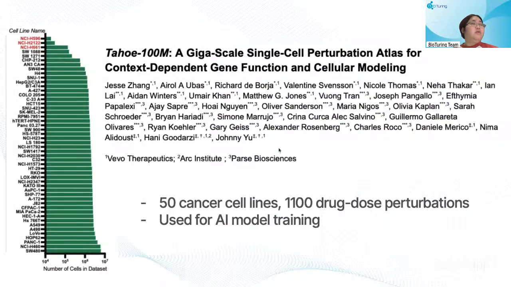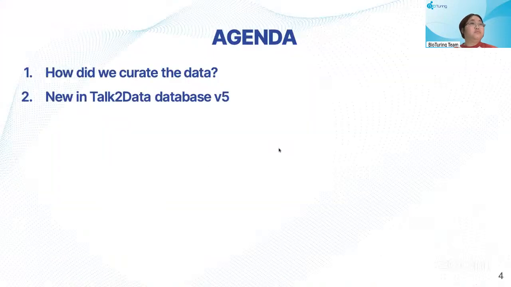Now let me go back to the slide where Julie can start showing you what we will present today. For today's agenda, we're going to go through two sections. In the first section, we are going to cover how our data team here curates the data.